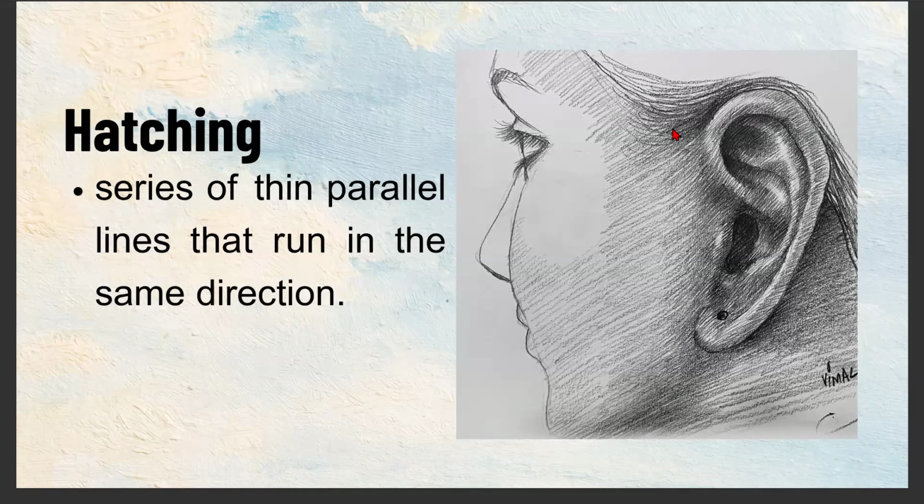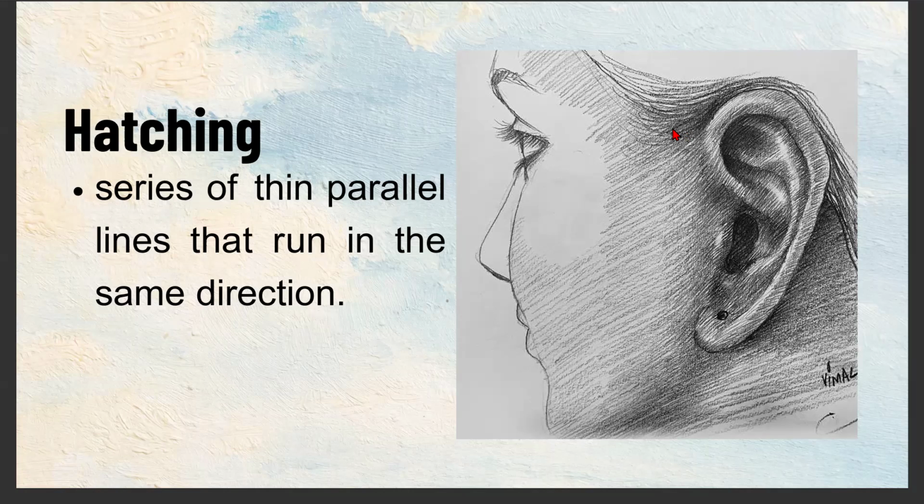It is a line that goes only in one direction. It creates light and shadow values. In the example here, it shows light and also darker values within this artwork. So that's hatching.